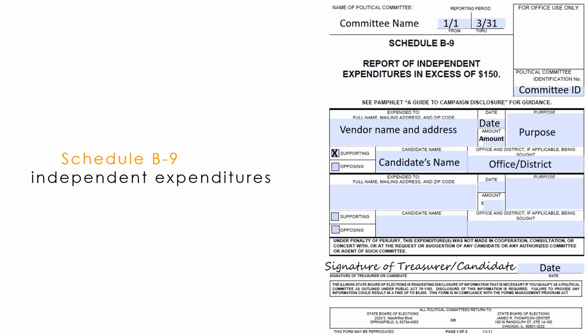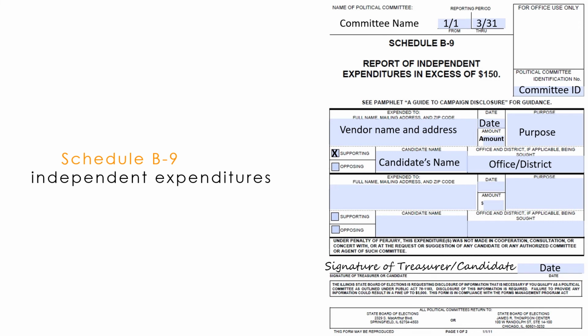Along with the Schedule B, if a committee makes independent expenditures in excess of $150, a Schedule B9 is required. A B9 is only needed for independent expenditures and should not be used to disclose regular operating expenses. To fill out a B9, place your committee name, committee ID, and reporting period at the top of the form.